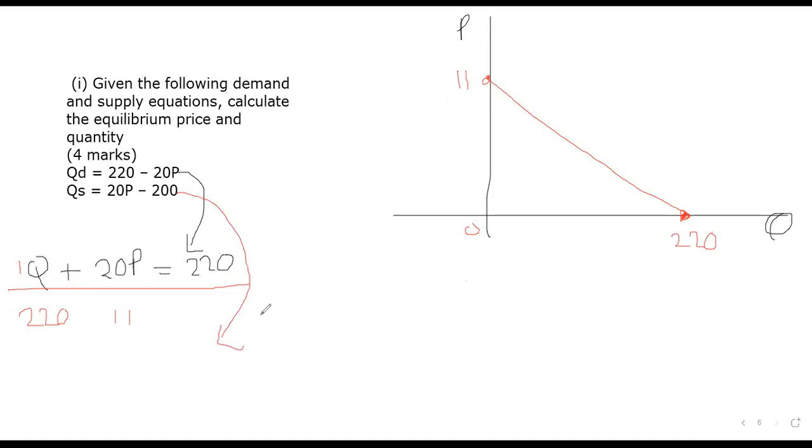So it's going to be QS minus 20p equals negative 200.